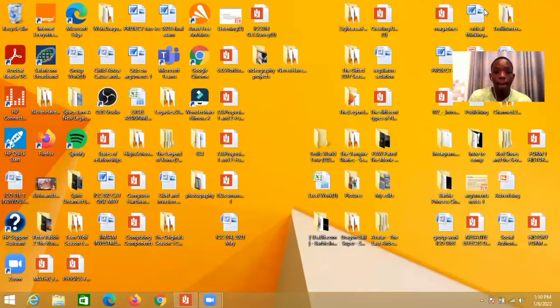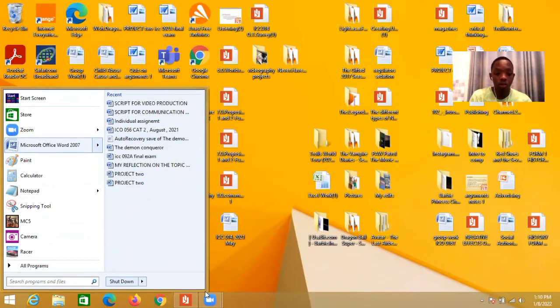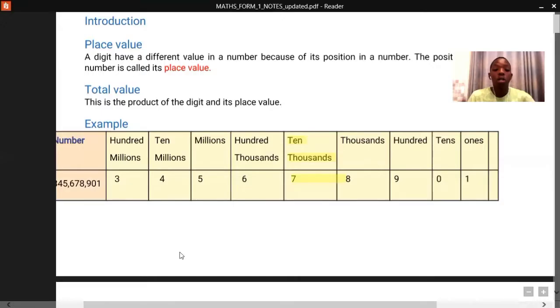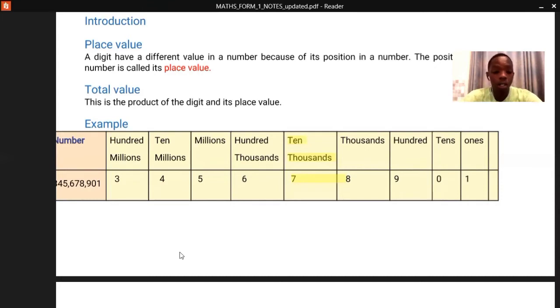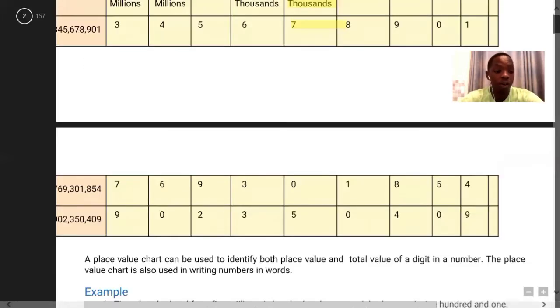Okay, so we're talking about place value and total value. So 10,000 and 7, those are the values. That's the place value and the total value.